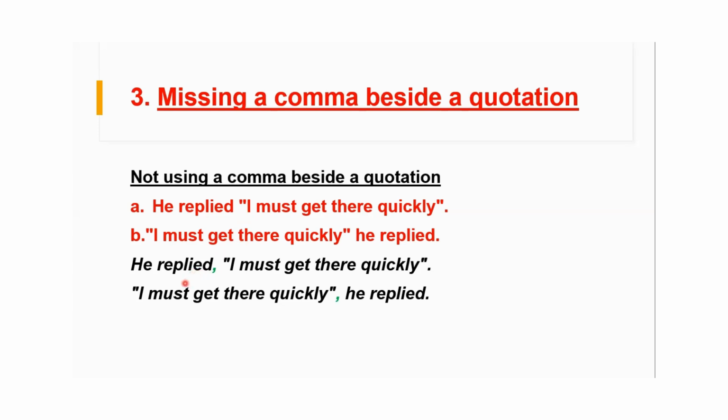So the correct way is "he replied," comma, "I must get there quickly," or "I must get there quickly," comma, "he replied." So we've learned to use a comma beside a quotation or direct speech. We put a comma to separate the person who said it and what was said.